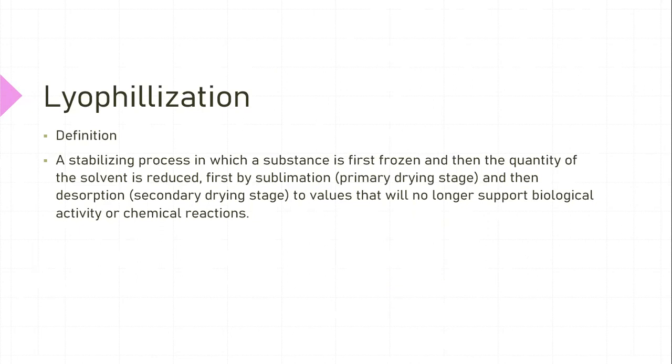A stabilizing process in which a substance is first frozen and then the quantity of the solvent is reduced, first by sublimation. We all know what is sublimation. Primary drying, which is the primary drying stage, and then desorption, which is the second drying stage, to values that will no longer support biological activity or chemical reaction.